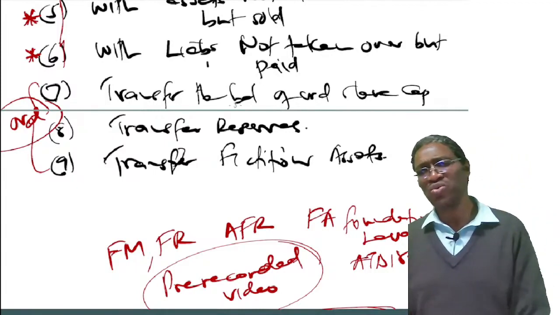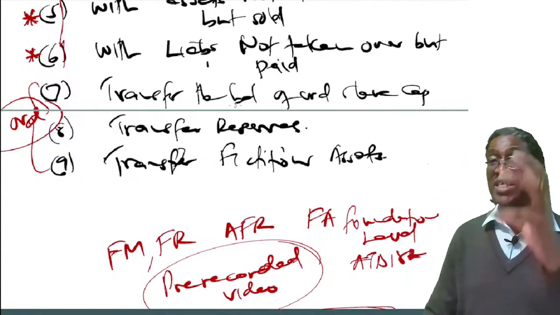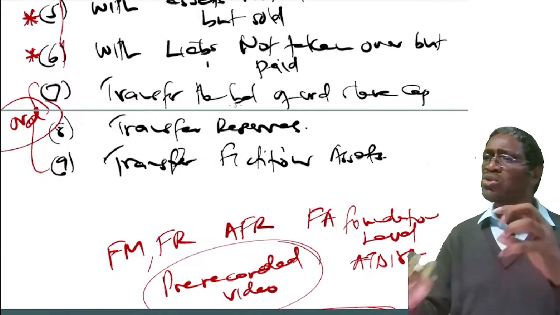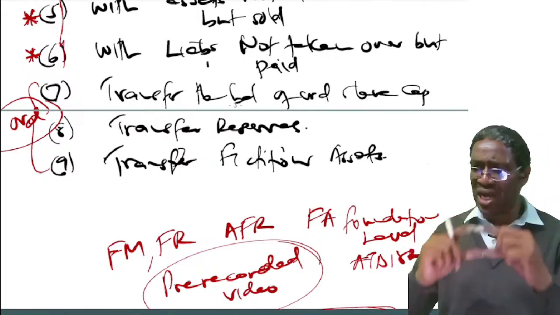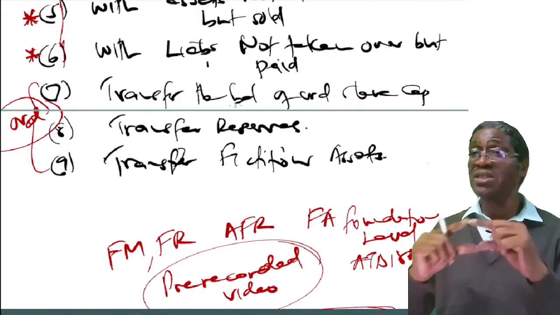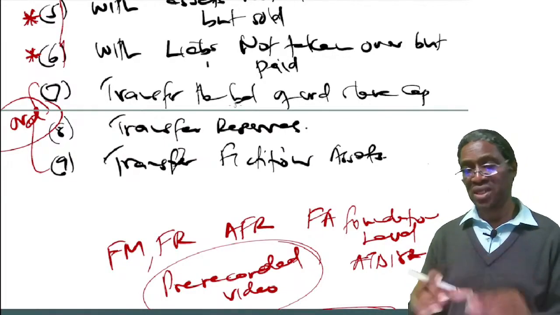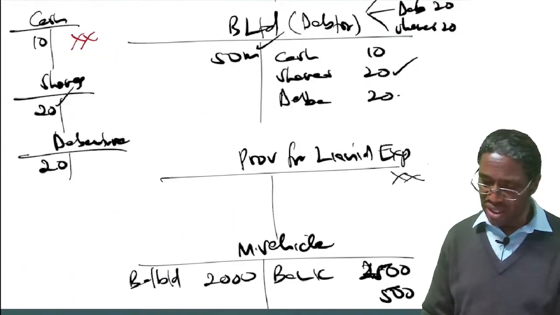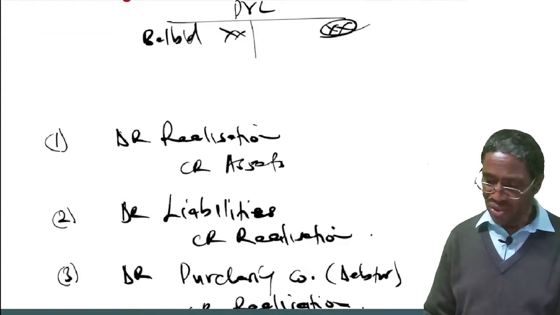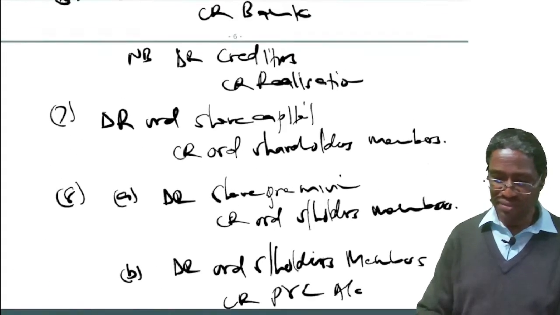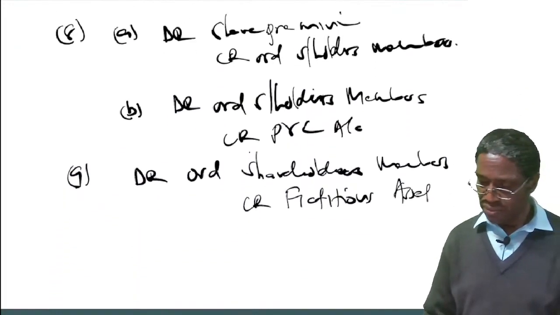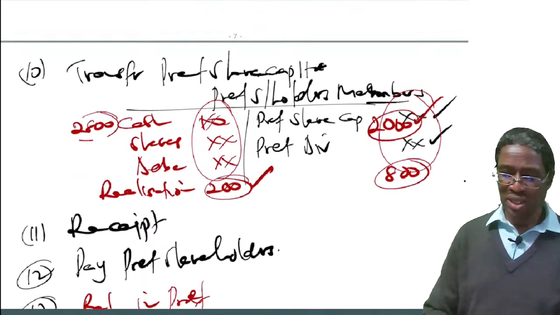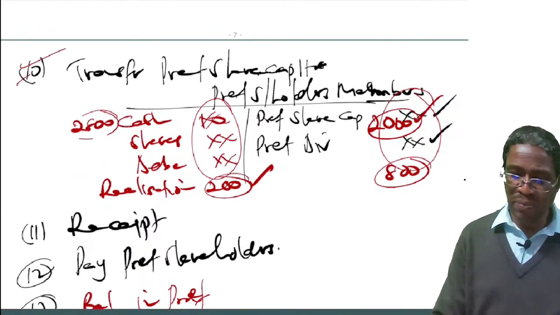So what I was doing in step 7, 8, and 9, listen, I was opening a liability account for the ordinary shareholders. Then, when I came to number 10 here, I did the same for the preference.